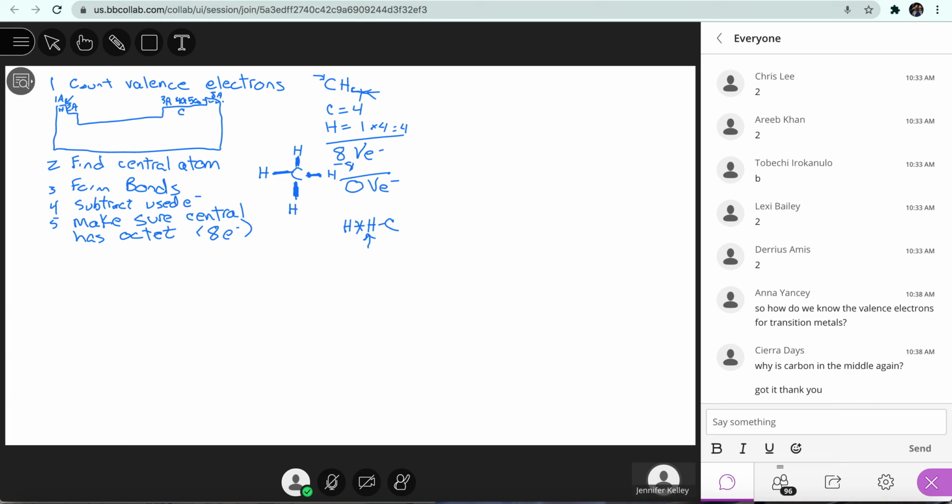If we got to the very end, like everything had an octet, and we still had leftover electrons, we'd put them on the central atom, but we don't in this case. And we probably won't get to that until we get to the exceptions for octet rules, which is like 4, 6, I think. All right, anybody need a second on this?